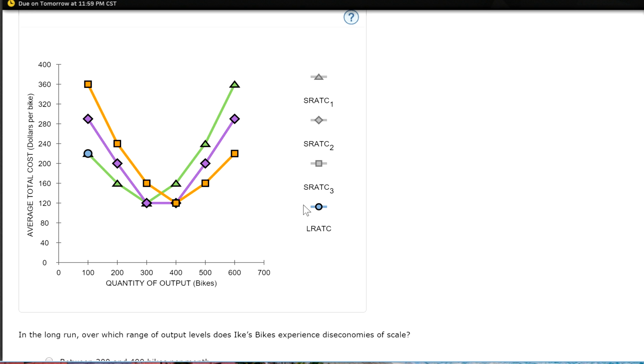For 200, they also go with 1 factory. For 300 output, it doesn't matter because your purple and green lines are at the same point. For 400, it will be your orange and purple. For 500, your orange is the lowest, and for 600, your orange is also lowest. So this orange line over here, that's your long run average total cost.